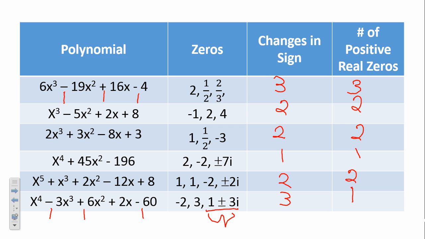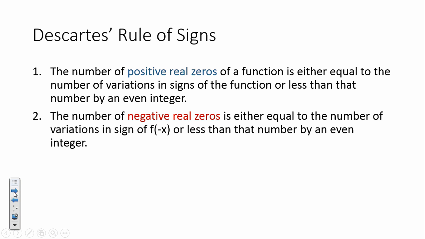Okay? You have just figured out half of Descartes' Rule of Signs by looking at patterns. Descartes' Rule of Signs says that if you have a polynomial with good old polynomial a sub n, x to the n, formally defined, the number of positive real zeros is either equal to the number of variations in signs of the function or less than that number by an even integer.